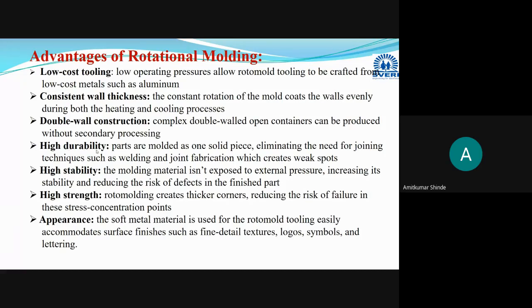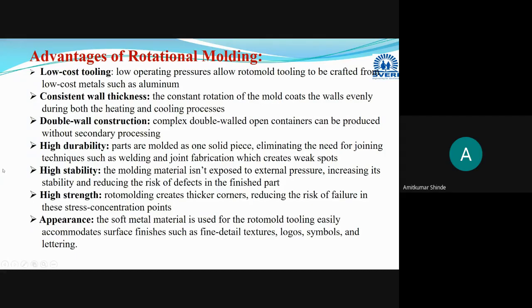Whichever water storage tanks we are using for storing the water in our home, you can clearly see that they may last for 20, 30 years easily. They are having high durability, and high stability, means there will not be any kind of change in their shape and size due to the external factors.